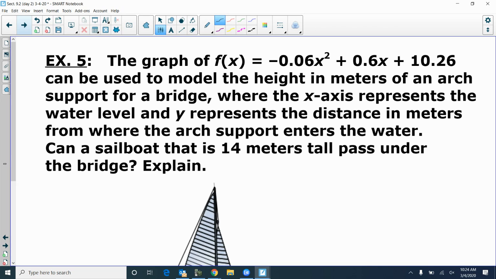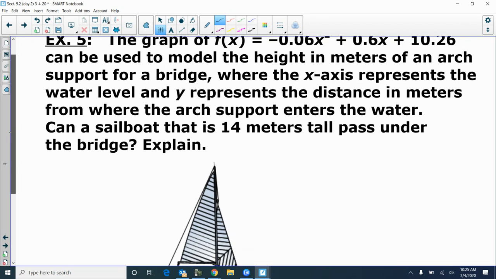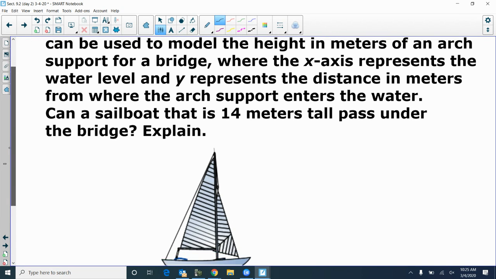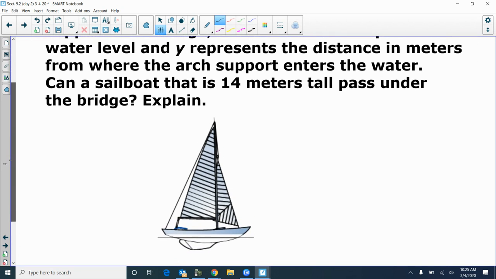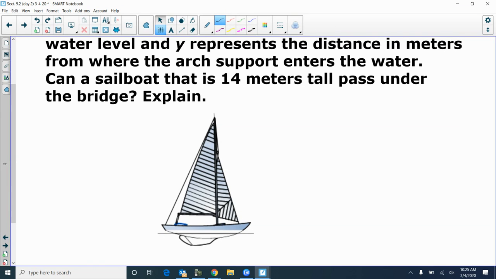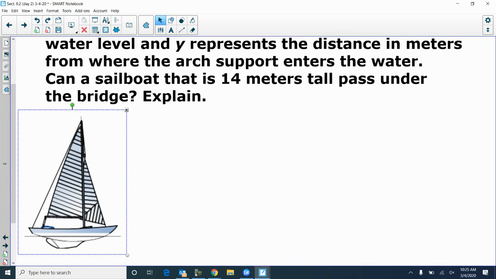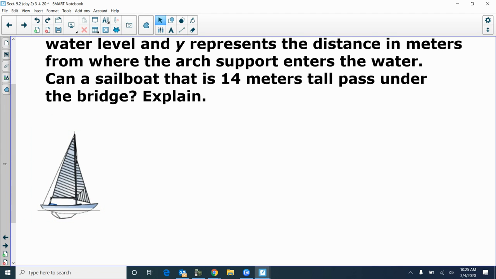It says the graph of f of x equals negative 0.06 x squared plus 0.6 x plus 10.26 can be used to model the height in meters of an arch support for a bridge, where the x-axis represents the water level and y represents the distance in meters from where the arch support enters the water. Can a sailboat that is 14 meters tall pass under the bridge?